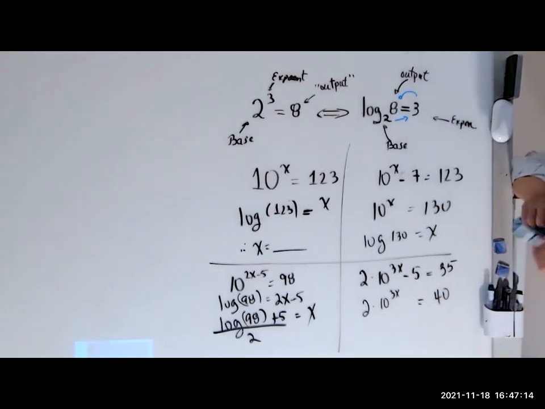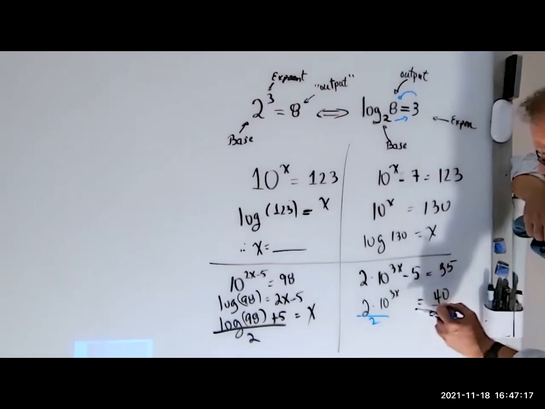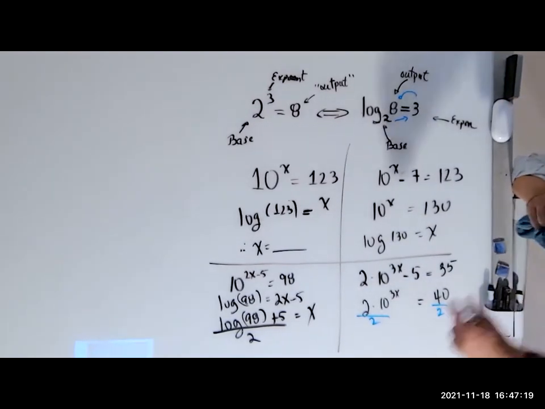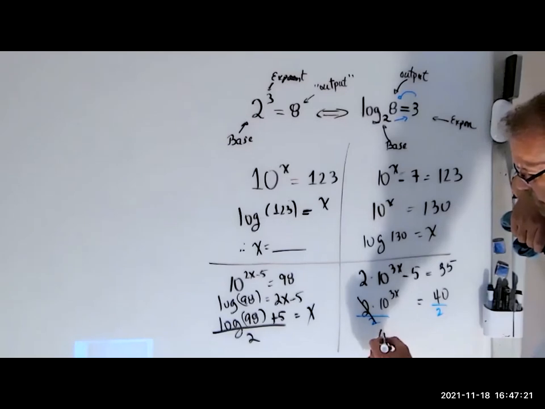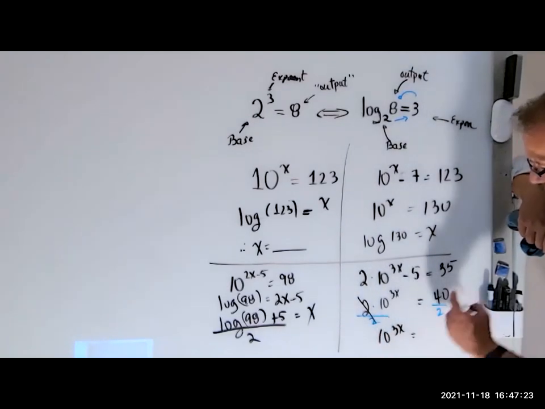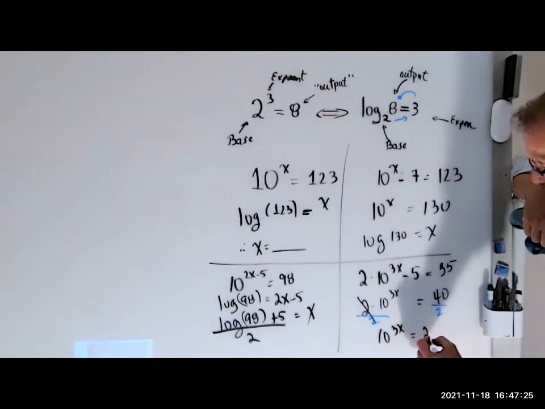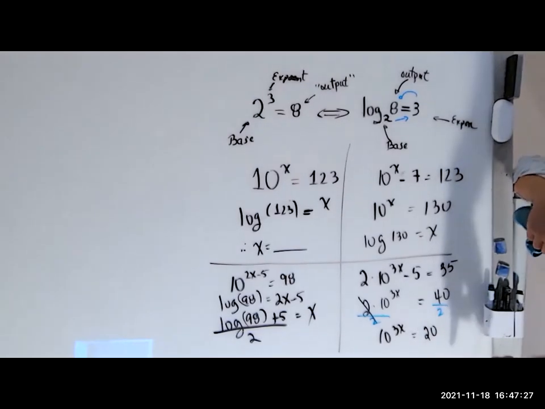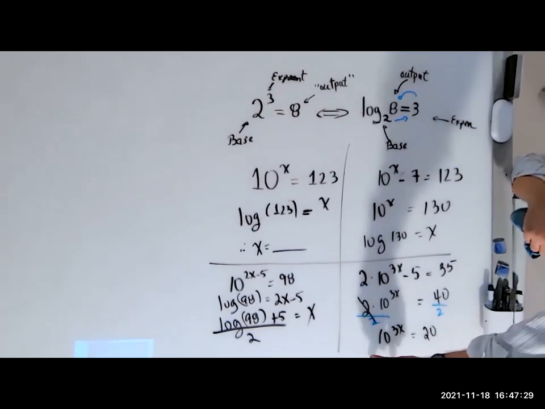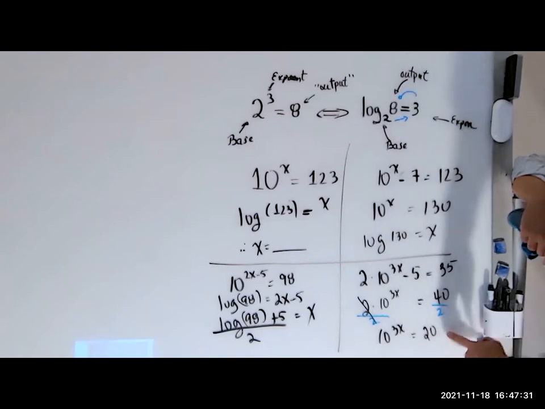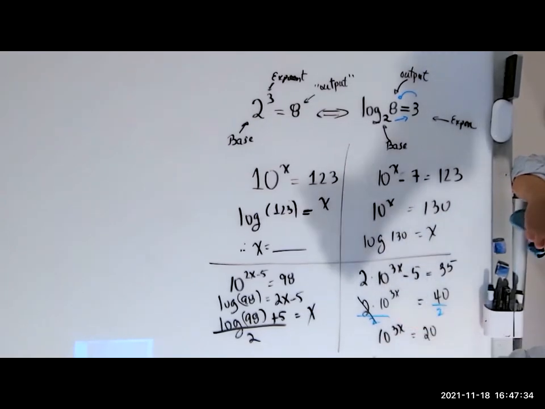So that means that I have to divide by 2. Divide by 2. So now I have 2 over 2 is 1. So now I have 10 to the 3x equals 40 over 2. That would be 20. And now, of course, I can switch to log. Log base 10, which is the common log of 20, equals 3x.